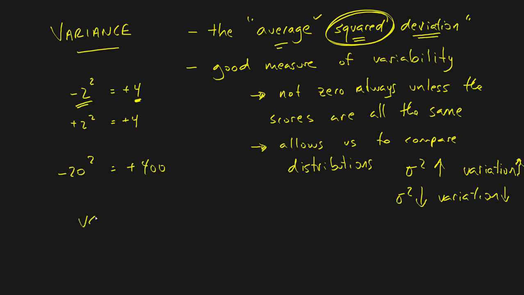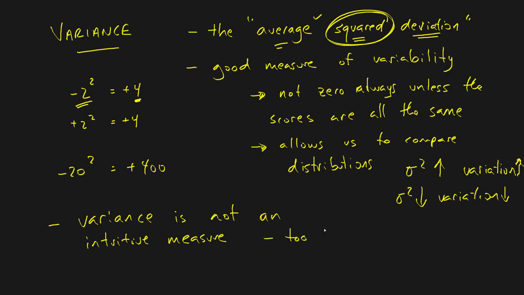So the last thing I'd have to say about variance is it's not an intuitive measure. What I mean by that is just hearing the number doesn't really tell you in an easy to understand way what's going on with the variation. So it's not an intuitive measure.